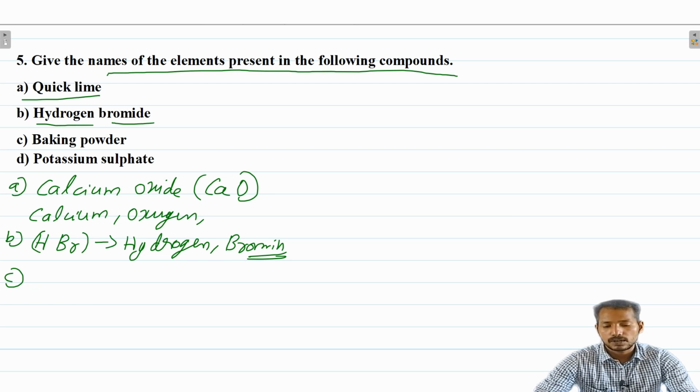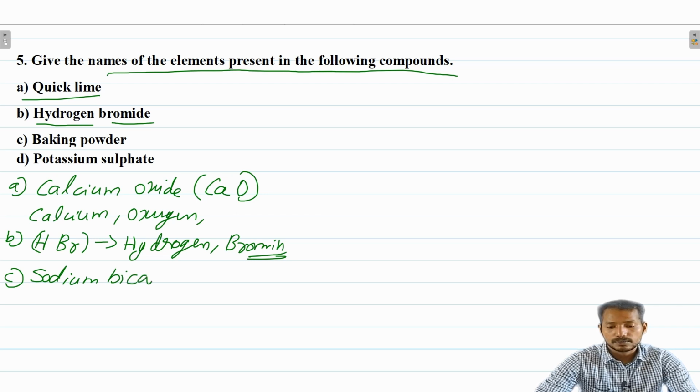Okay. The third one is that baking powder. The chemical formula of baking powder is sodium bicarbonate, or sodium hydrogen carbonate. If bicarbonate, we will write it as hydrogen carbonate.